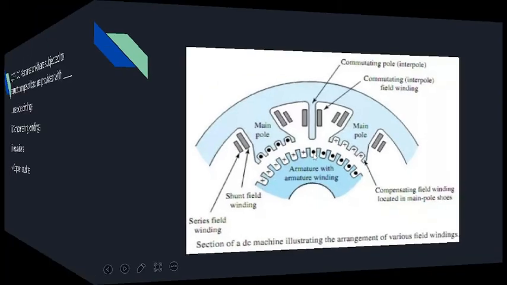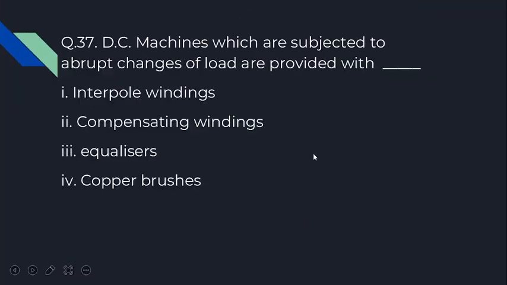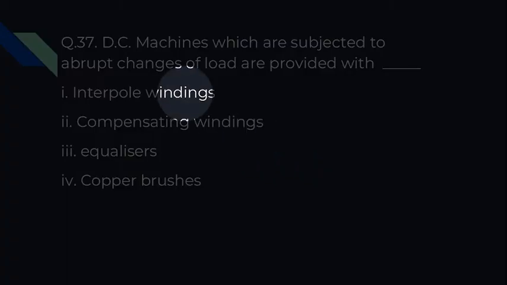And equalizers are used in lap windings, especially, to balance the voltage and reduce the circulating current in the armature. So for this question the answer will be the interpole windings. These are the windings used to overcome the changes of load.